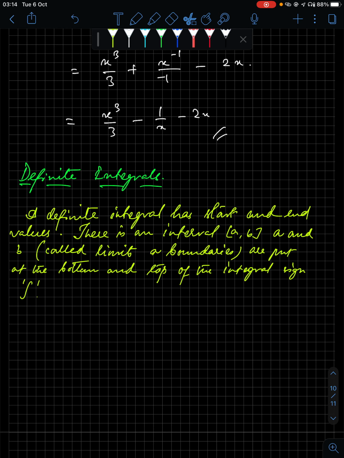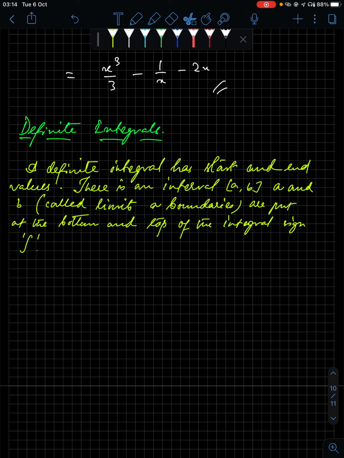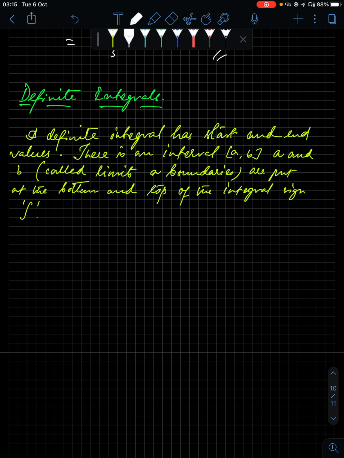So a definite integral has a start and end values. Okay, there is an interval AB. A and B are called limits or boundaries, and they are put at the bottom and the top of the integral sign. So this is the definition.